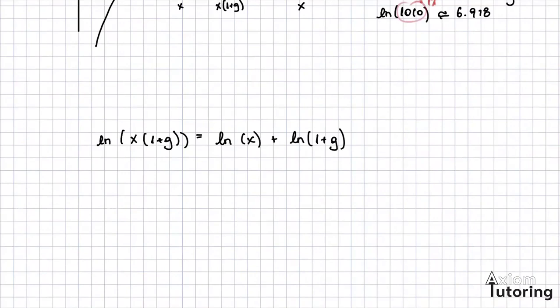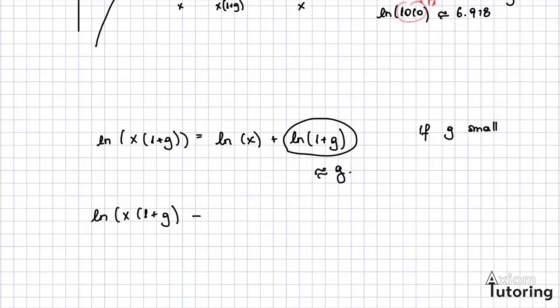And the crucial property here is that ln of 1 plus g, if g is very small, is approximately simply g, which means that ln of x times 1 plus g minus ln of x, the difference between those two, is approximately this g, this small increase.